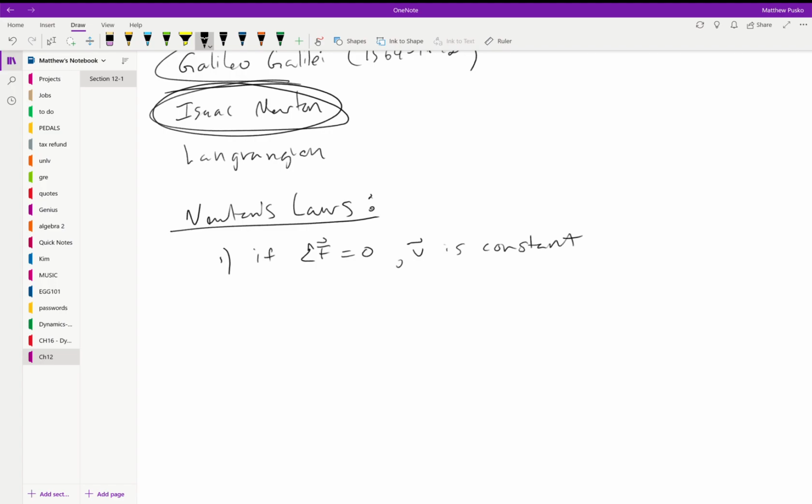Most of you have probably heard the longer version, a little bit more difficult, and most people end up forgetting to write half of it. If an object is at rest, it stays at rest unless acted upon by an external force. An object in motion remains in motion unless acted upon by an external force. This is a way easier way of writing the same thing.